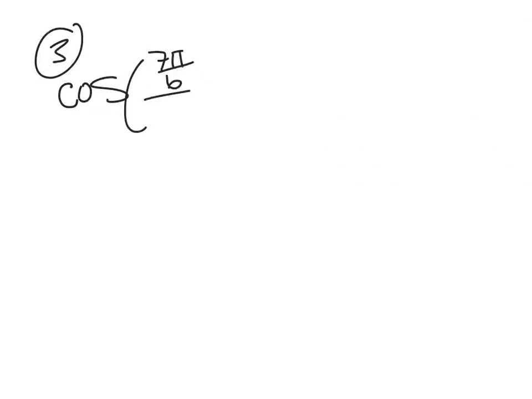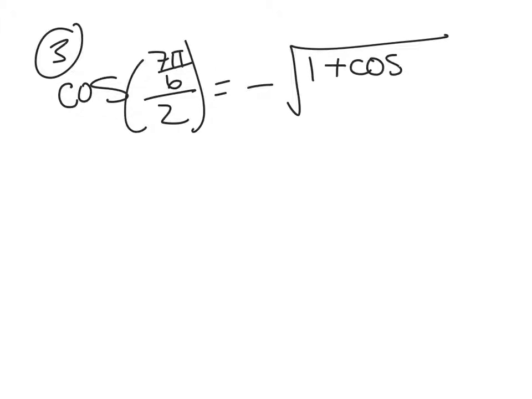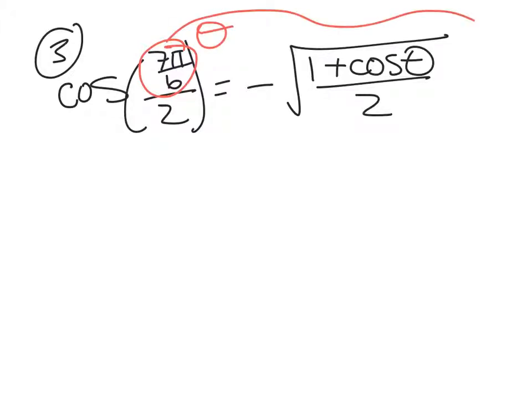Okay, so step 3, once I figure out where 7 pi over 12 is, I'm going to plug it into my equation. So cosine of 7 pi over 6 divided by 2. And we already know that it's going to be negative. If you look at the cosine formula on your worksheet, it's the square root of 1 plus cosine theta over 2. Now remember, this angle theta is what's going to go in here.